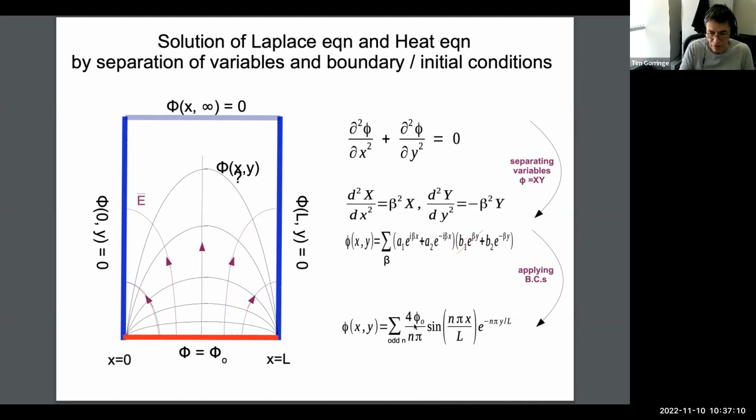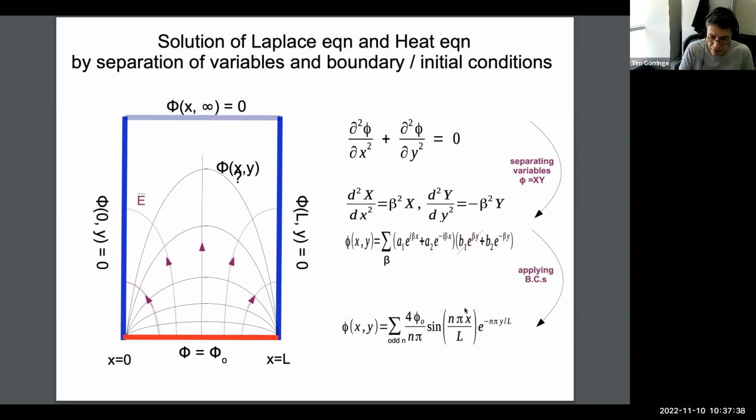So it's a function of phi naught. The functions of y and the functions of x that are in this solution are, for y, this single multiplying negative exponential that causes the potential to fall off as you walk vertically up the region of space.